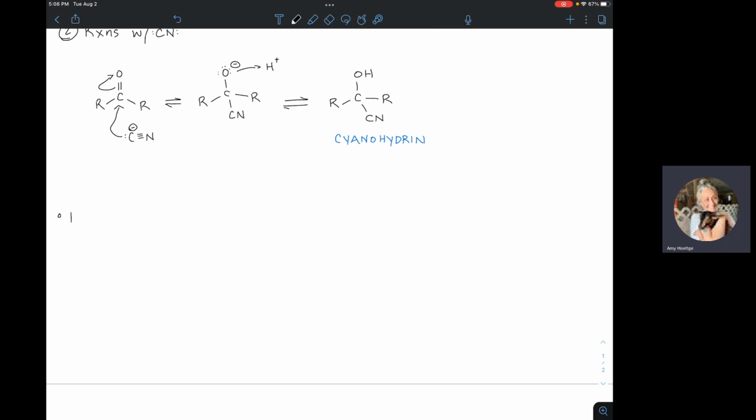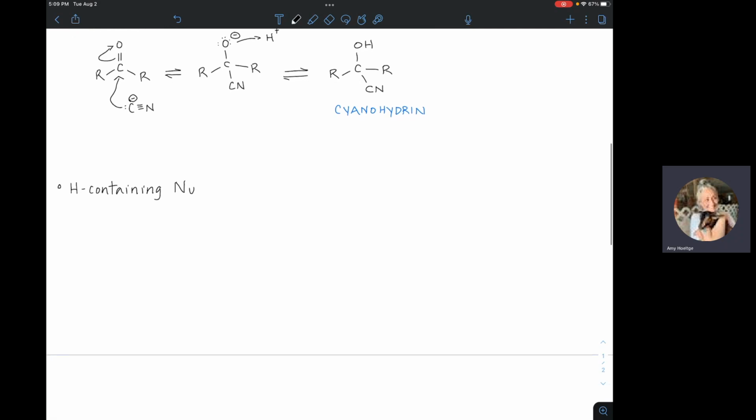We have hydrogen containing nucleophiles. This will be kind of familiar because we already talked about the reverse reaction. So hydrogen containing nucleophiles, essentially reactions with the hydride anion, so H minus.